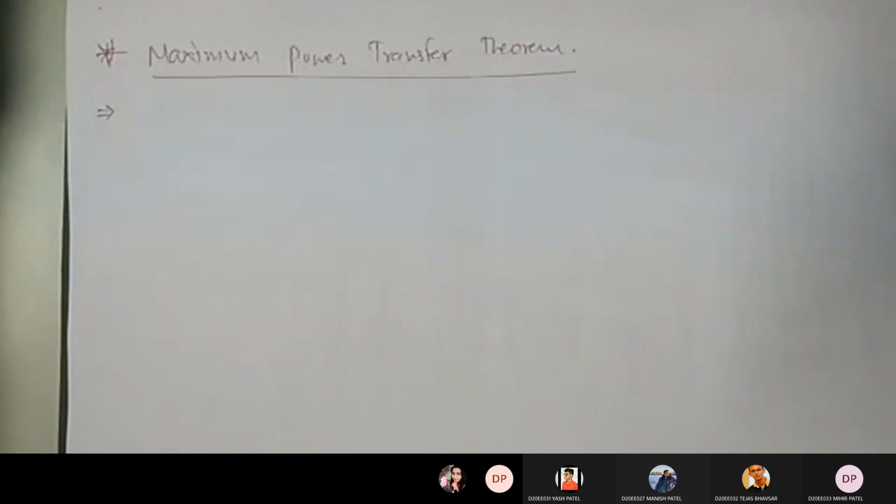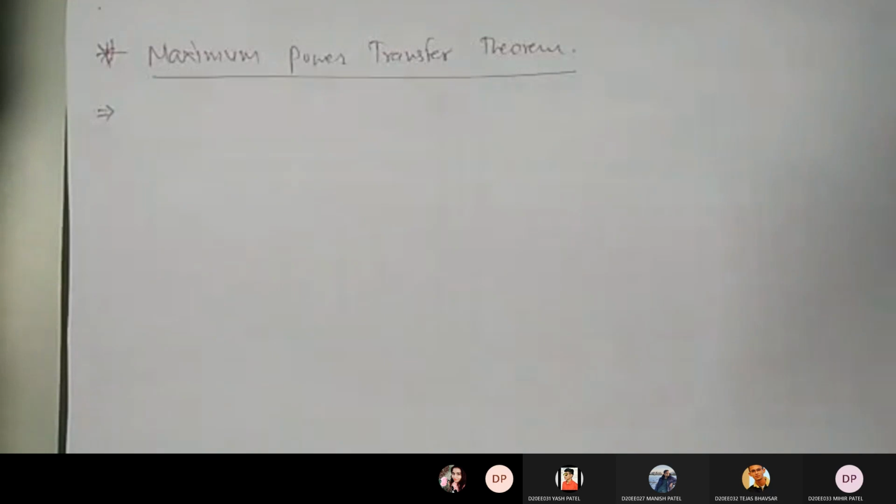Suppose in some application, you want to take most of the power from the source. So our main try is that whatever power you have, you will try to fetch more of it. Similarly in the case of solar application, what is our main try? We want to absorb maximum energy.